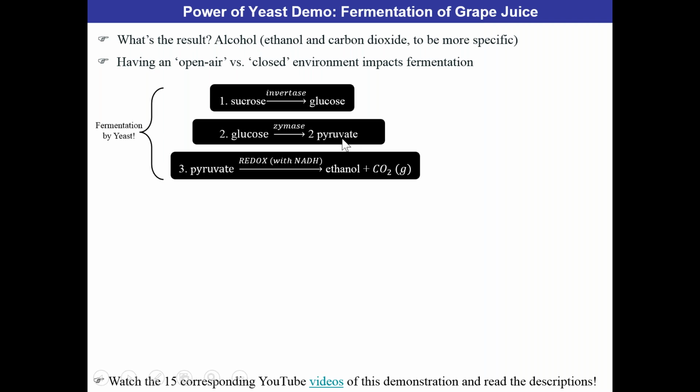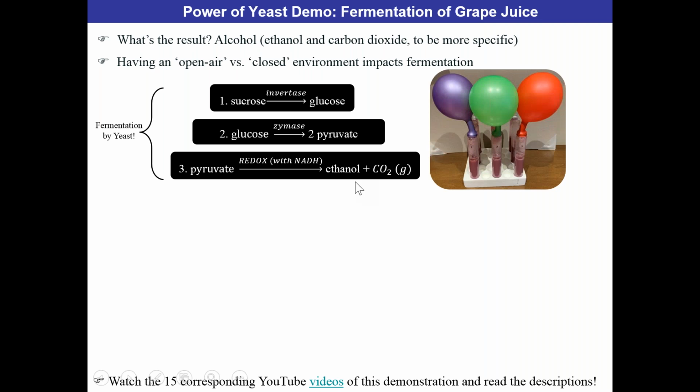So you already know that from what we just talked about. And then those pyruvate molecules, when combined with the NADH, one of the coenzymes, we have a redox reaction with that pyruvate plus the NADH. Well, ethanol is produced as well as carbon dioxide gas, which is just what we said in the previous slides.